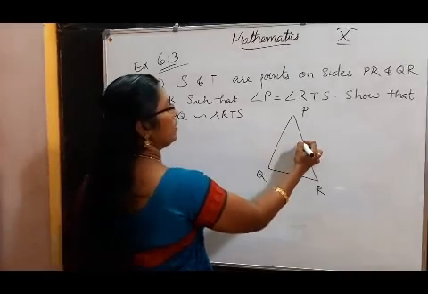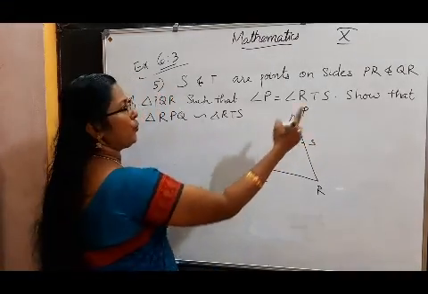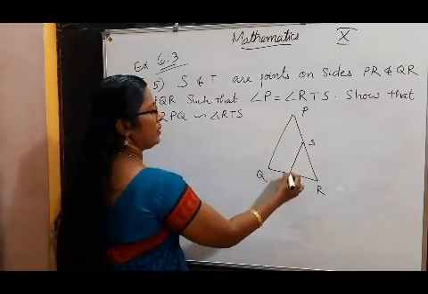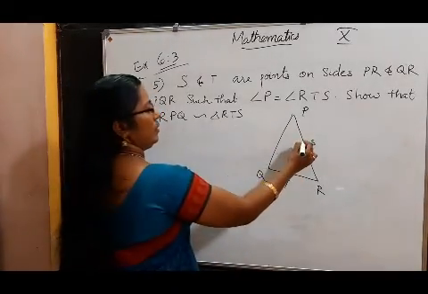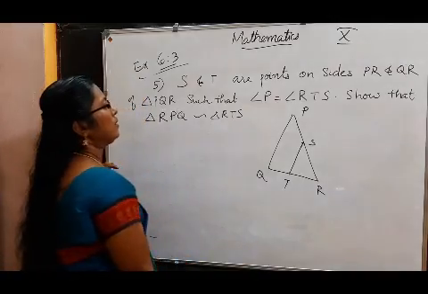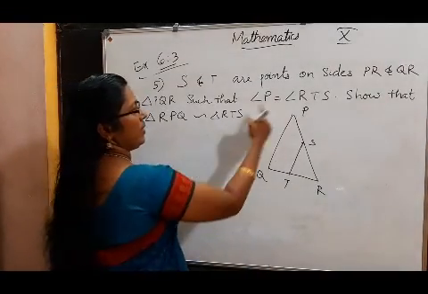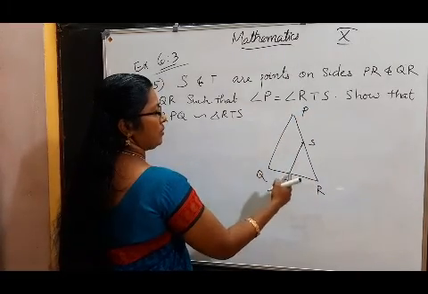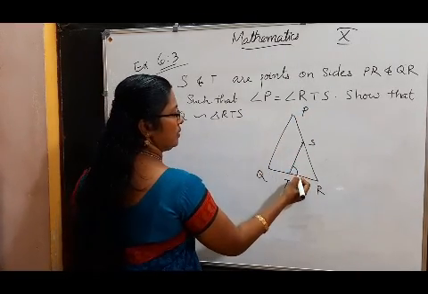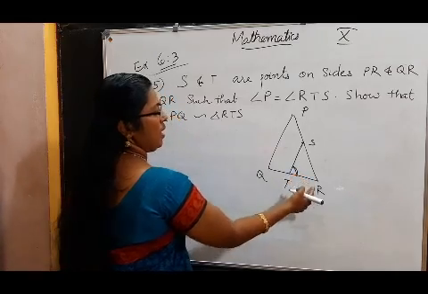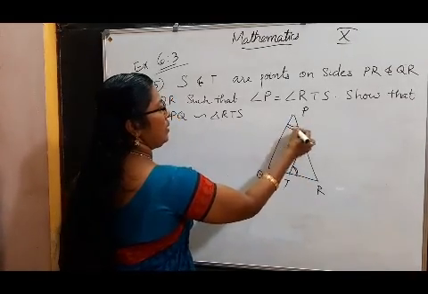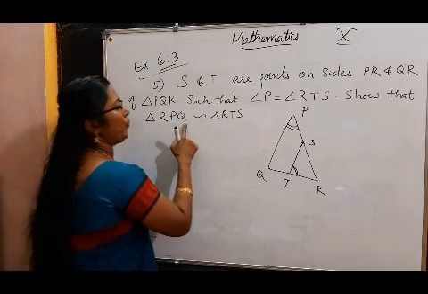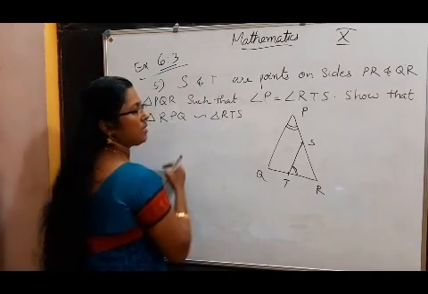In PR, S. In QR, T. Then join TS. What is given? Angle P equals angle RTS. We want to show triangle RPQ and triangle RTS are similar.